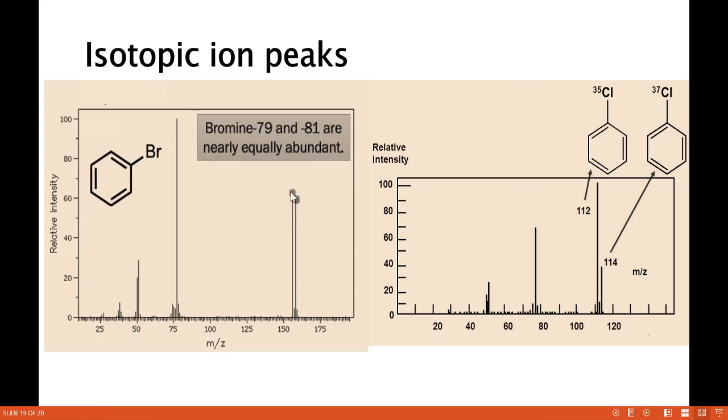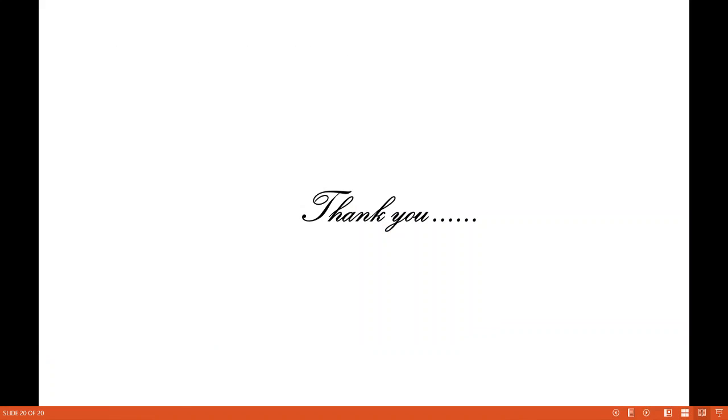Hence we get nearly equally abundant peaks. While in chlorobenzene the relative intensity is 3:1, hence we get the peaks at 112 and 114. So these are called the isotopic ion peaks.